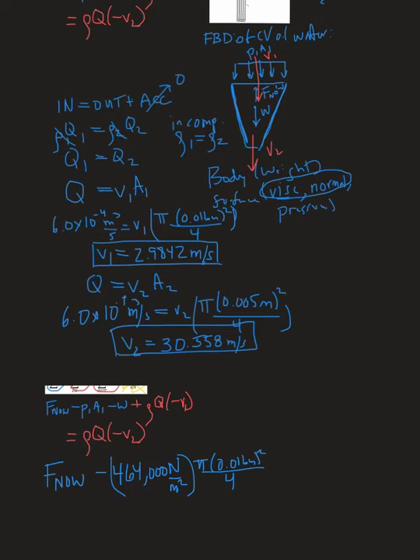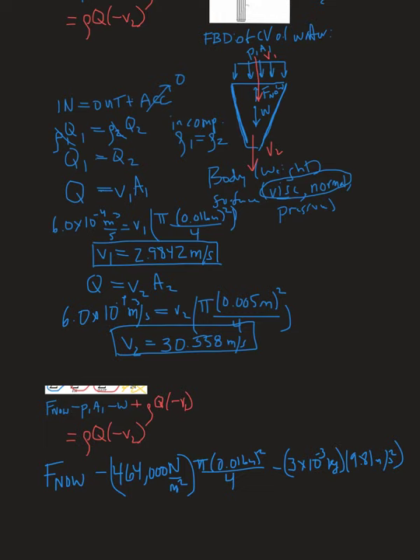Minus the weight of the water, so that's the mass of the water, 3 times 10 to the negative 3rd kilograms, times gravity, 9.81 meters per second squared. So those are those terms.